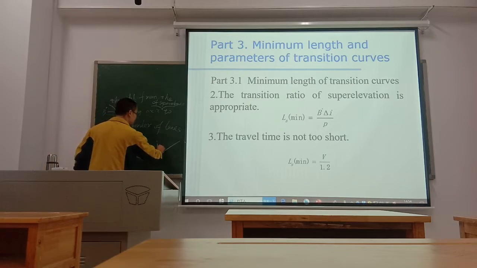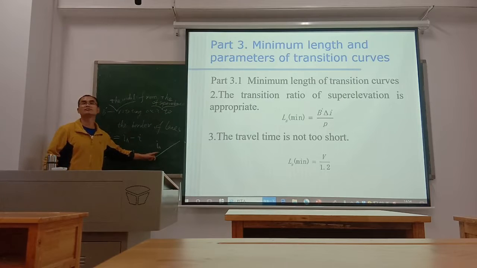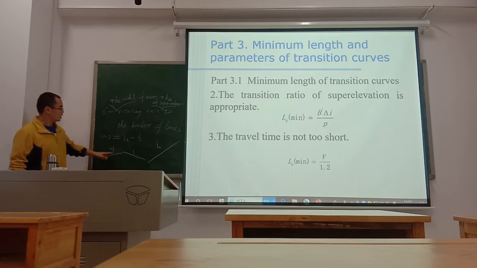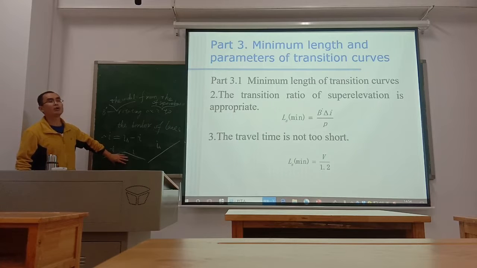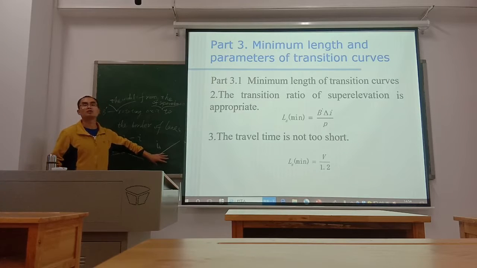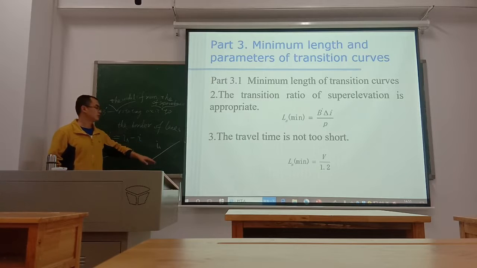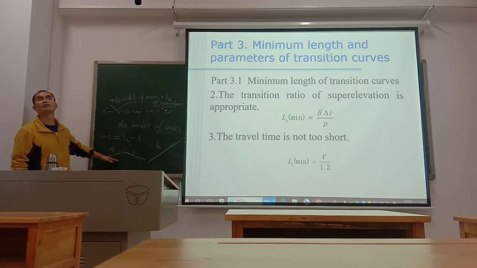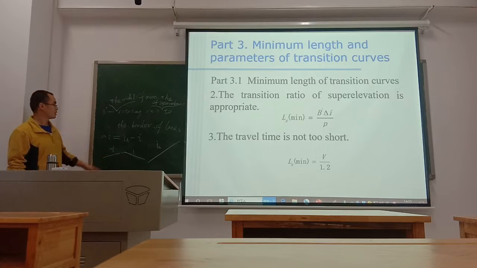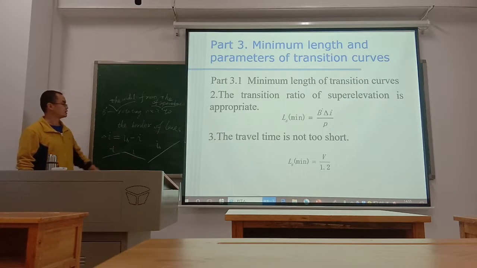This is the normal section on the straight line, and this is the cross section on the circular curve. This side is minus i, and this side is plus i.